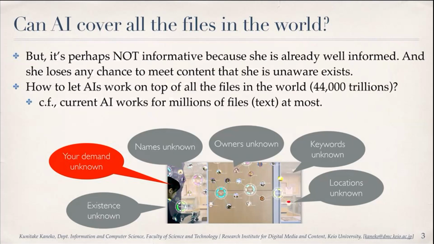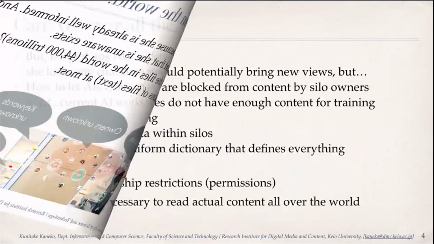It means using computational power to analyze the information before human beings get involved. So the question here is: can AI cover all the files in the world? In the video, you saw the bottom figure like this.